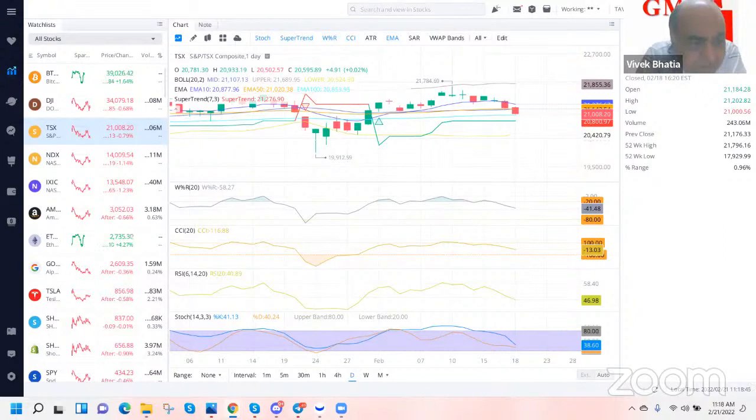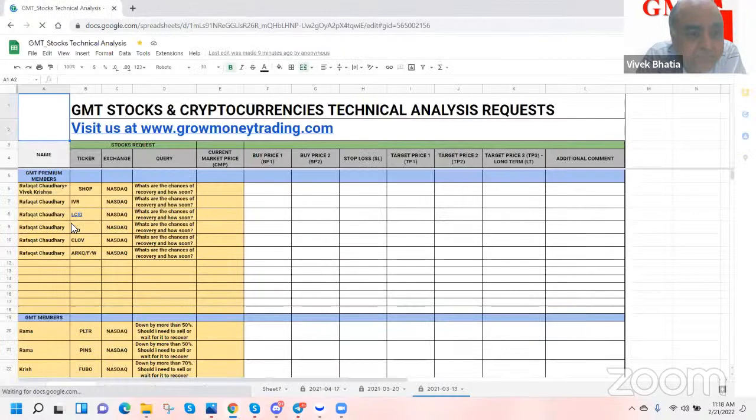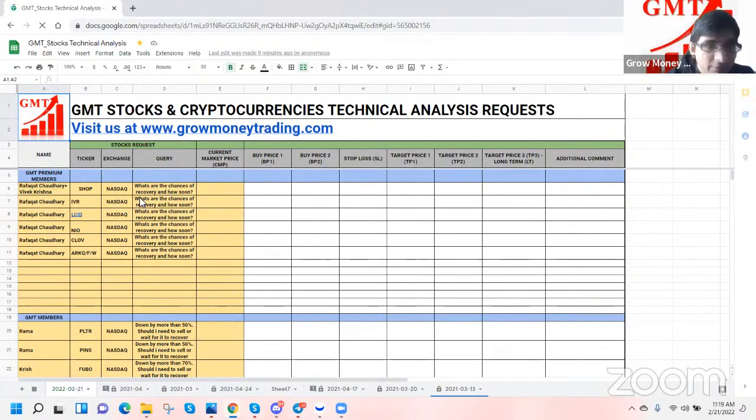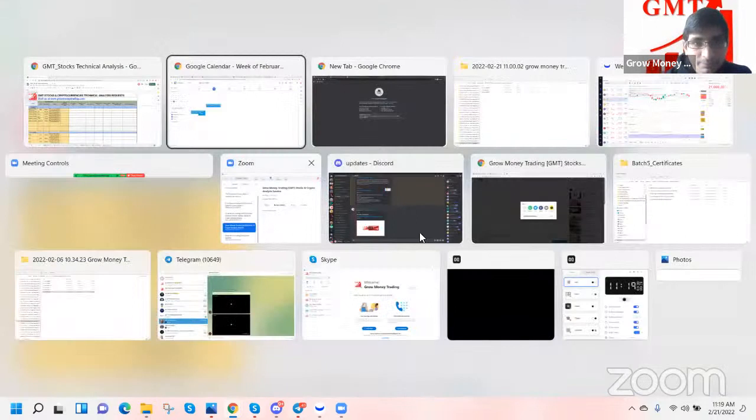You have Shop on the list anyway, second or third last from the bottom. Right. So Rafakat and Vivek had requested Shop's analysis. We will take Shop first.